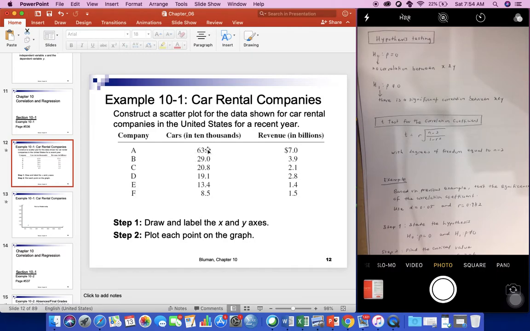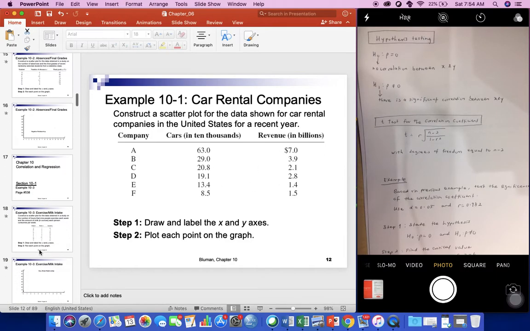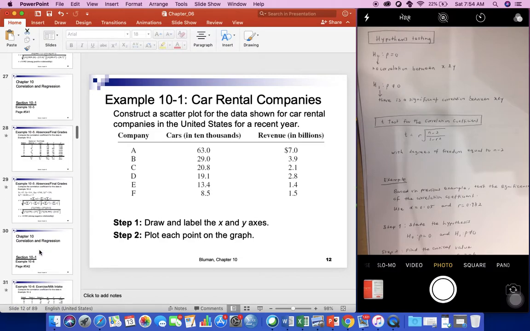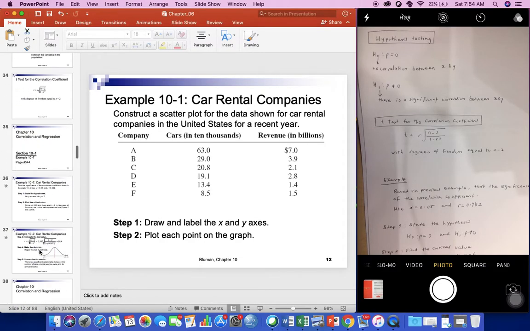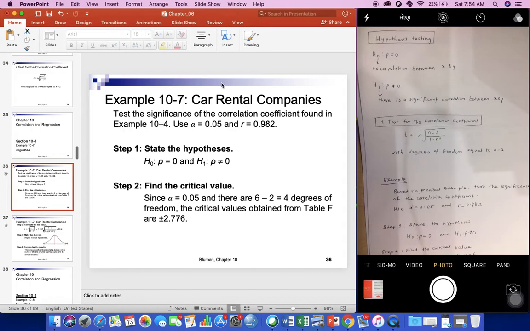Cars are the value of X, and revenue is the value of Y. So go back to this example, and use alpha equal to 0.05.